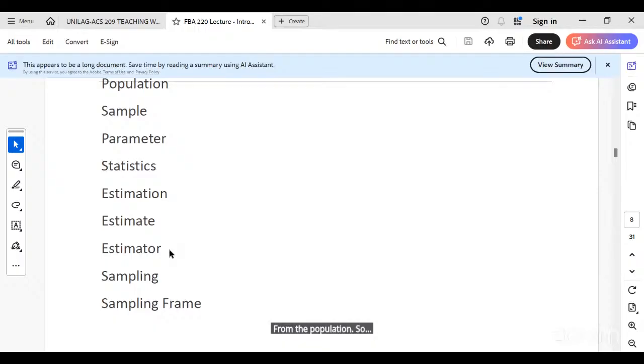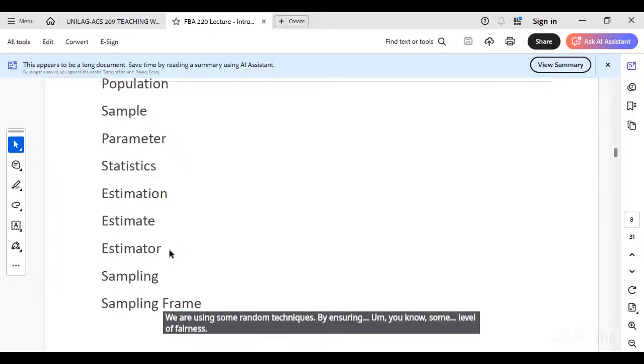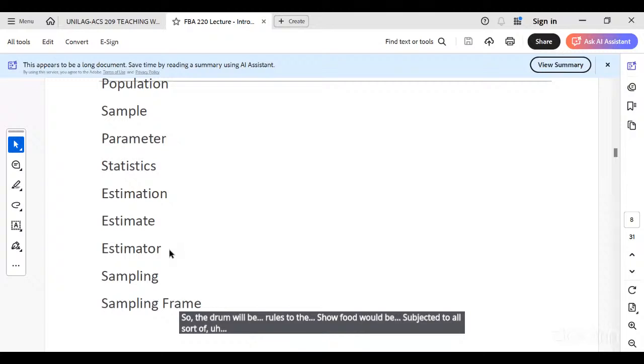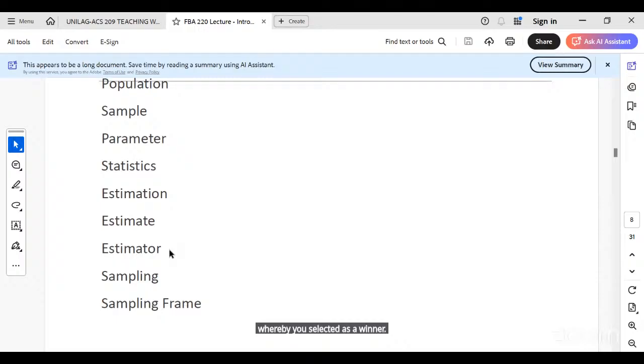So you might decide to select your winners using some random techniques, ensuring some level of fairness. The drum will be rolled, will be shuffled, will be subjected to all sorts of random techniques just to ensure that whoever you select as the winner is selected fairly.